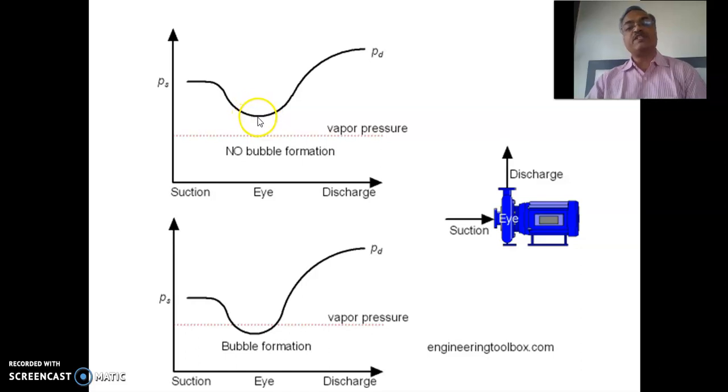The minimum pressure that exists, minimum means negative pressure, of course, at the eye of an impeller is well above the vapor pressure. That's why there is no possibility of formation of bubbles and hence the cavitation. So we want to maintain this kind of graph while working on the centrifugal pump. Otherwise, if the suction pressure goes beyond the vapor pressure, then cavitation may occur.